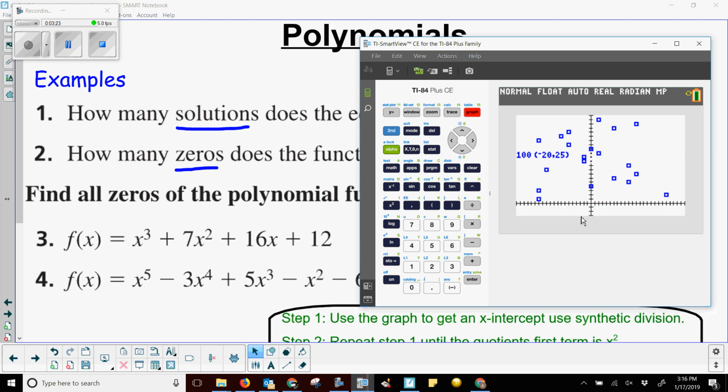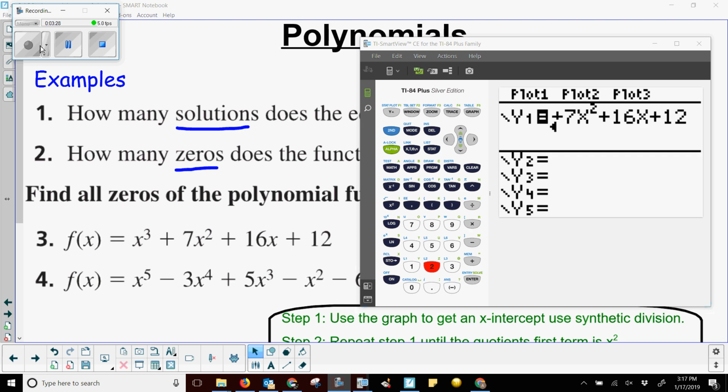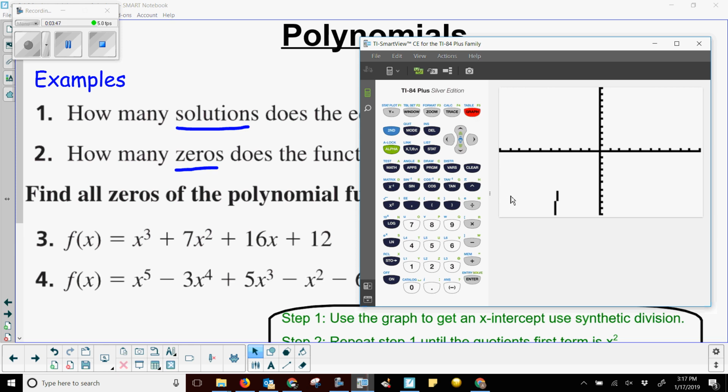So we go to the graph, and oh no, my statistics activity's there. Hold on. If I had better video editing stuff, I would have totally cut out that last segment. I'm really sorry. So we're going to go into y equals, and if you notice, I just switched back to the regular calculator. And we're going to type in what we see. There we go. You can go to the graph and see what's happening.